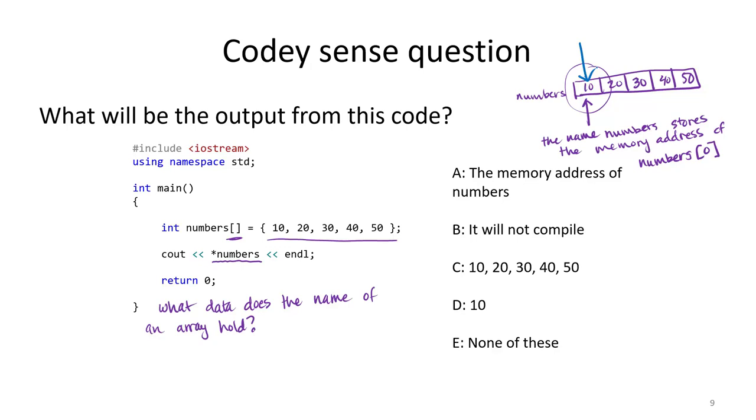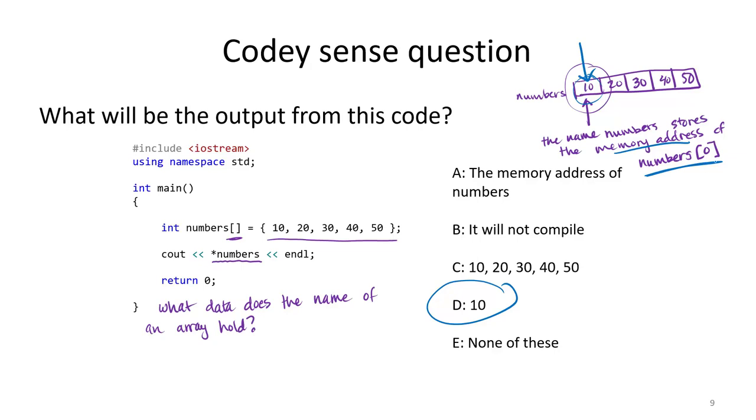So if I say asterisk numbers, and numbers points to an int containing the number 10, we'll see that this code is actually going to return the value 10, because the name of an array stores the memory address of the 0th element.